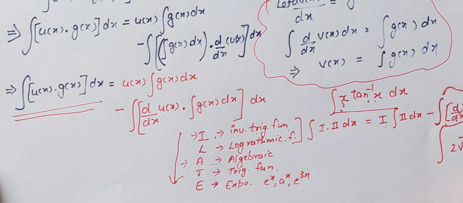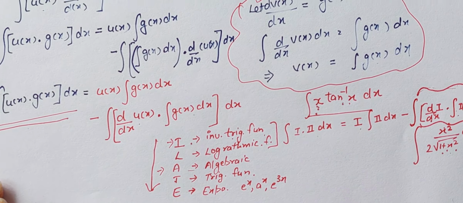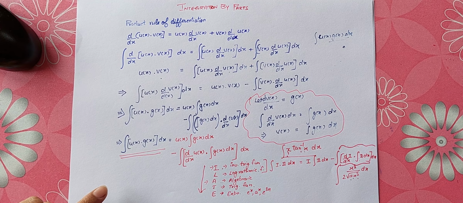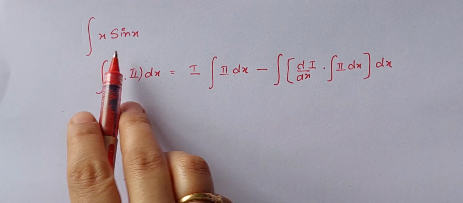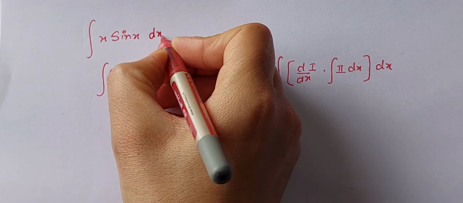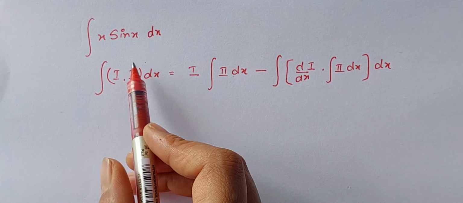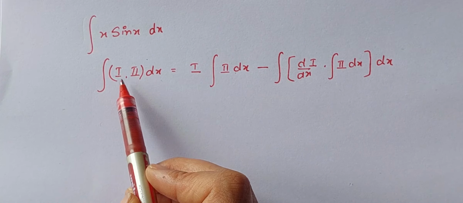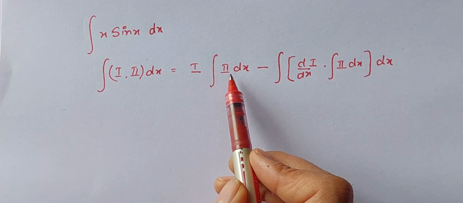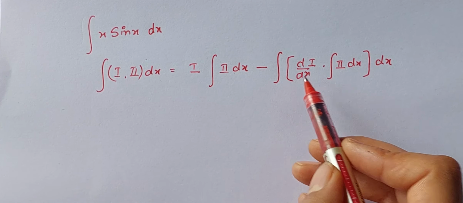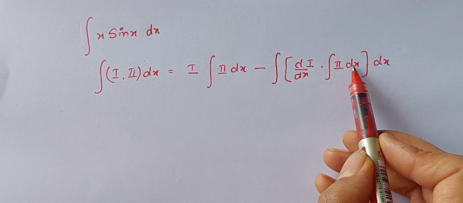Okay, now let us discuss one example of integration by parts. Here we have a question: integration of the two functions x and sine x with respect to dx. As per the formula, integration of two functions, first and second, with respect to dx is first function into integration of second, minus whole integral of derivative of first into integral of second function.